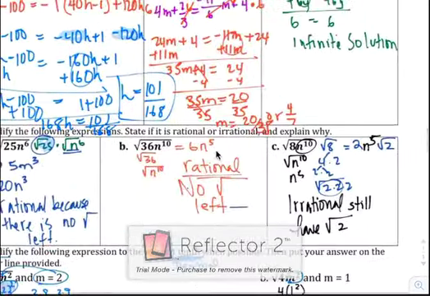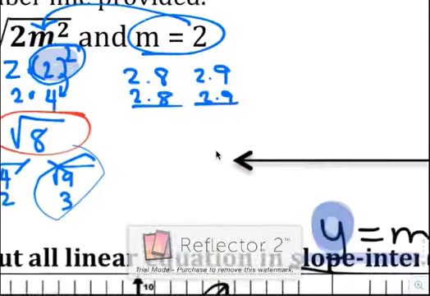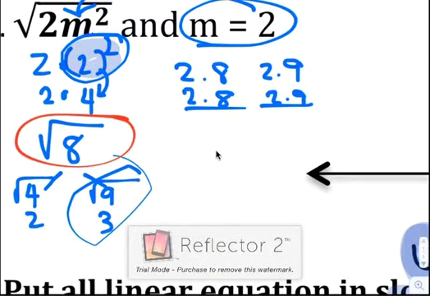I'll leave you this: you need to multiply this by hand, no calculators here.